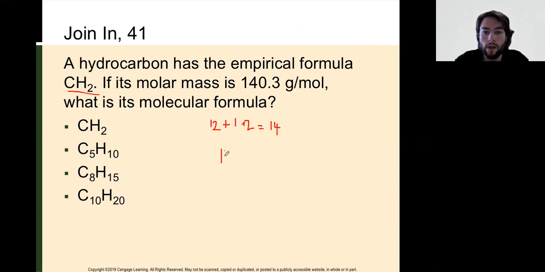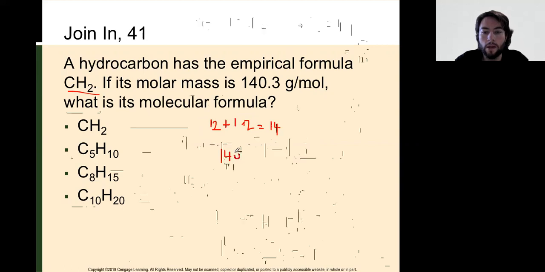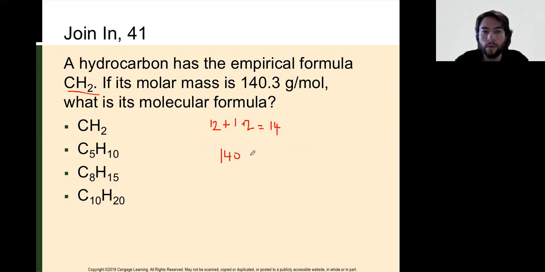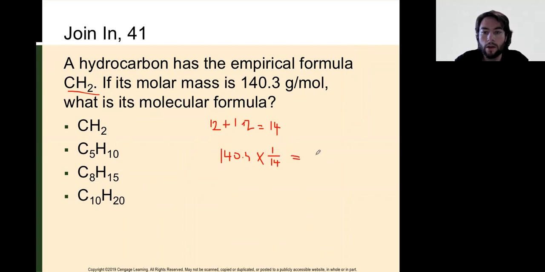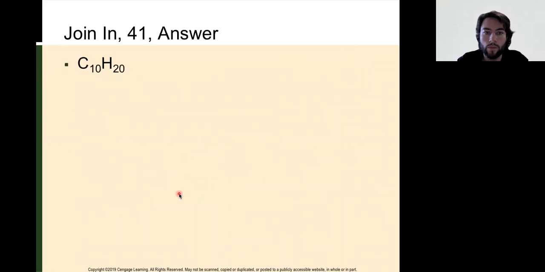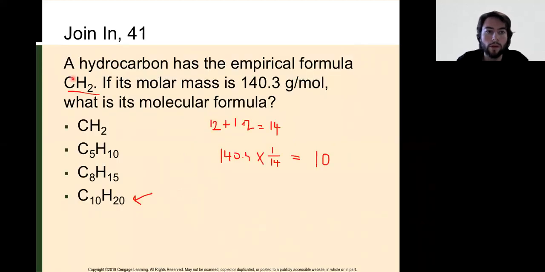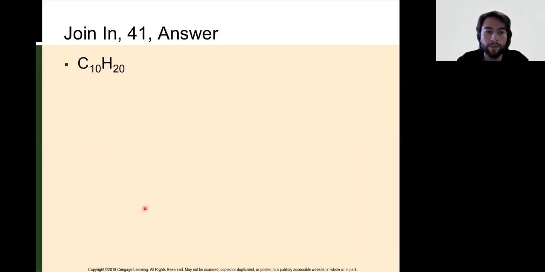So 140.3, which is the mass of the hydrocarbon, times 1/14, which is the mass of our empirical unit, will give us about 10. So that means that this is our answer here, because CH₂ times 10 is C₁₀H₂₀.